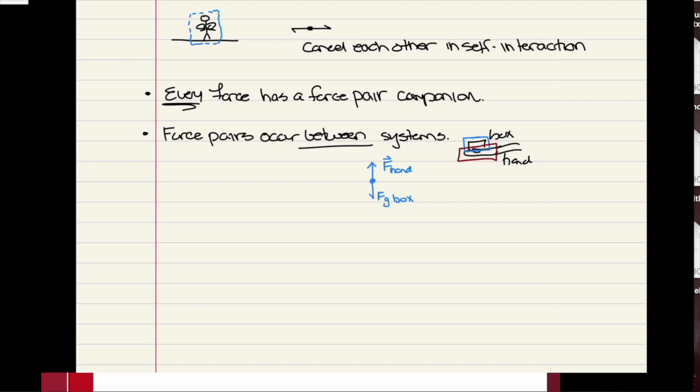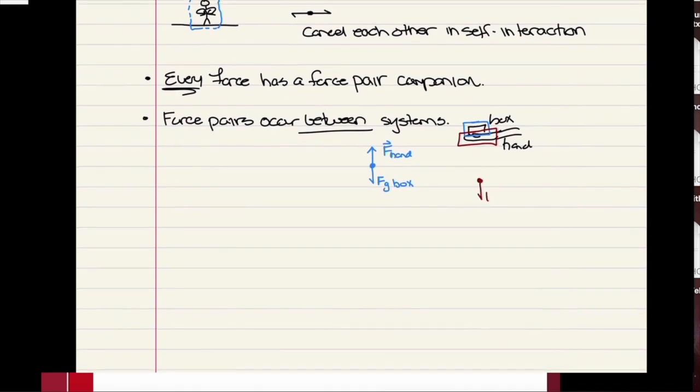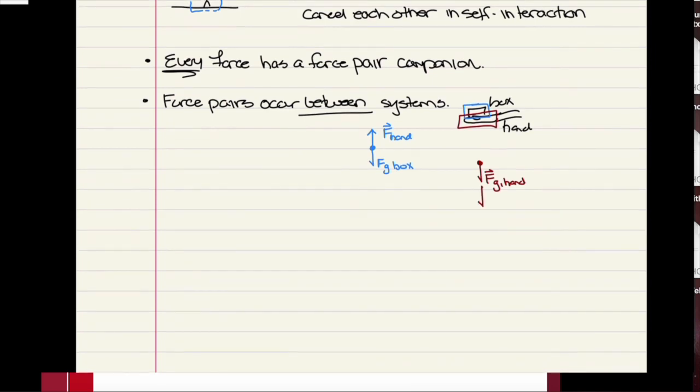I could now look at the hand and do a free body diagram for the hand. Gravity still operates on the hand too, so there's a force of gravity on the hand. But then I'm also in contact with the box. So there might be a force from the box being exerted on my hand as well.